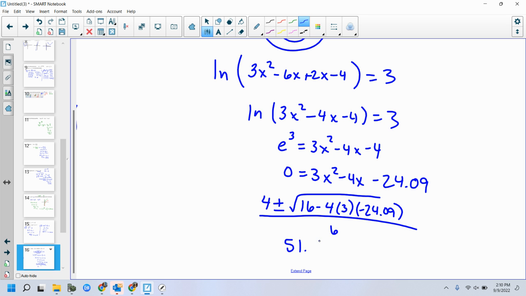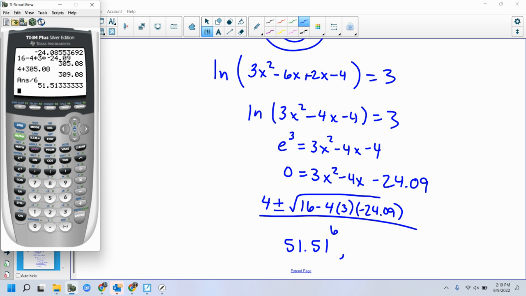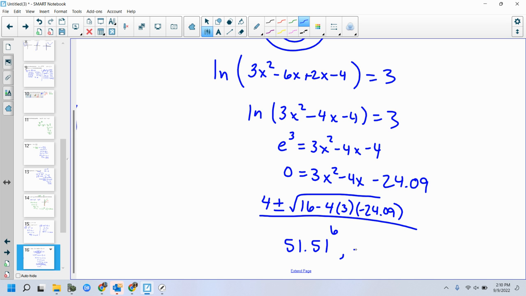That's kind of a cool number. And then do the same thing, but now for minus 305.08 divided by 6, which is negative 50.18.